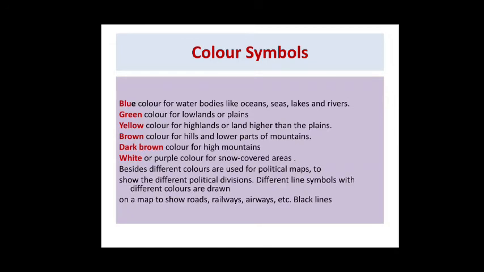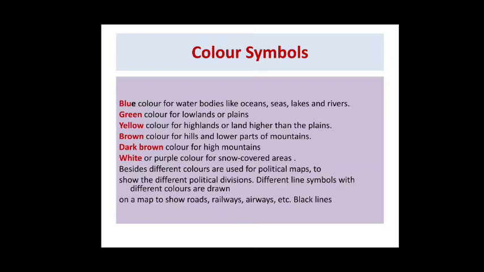Brown color is for hills and lower parts of mountain ranges. Dark brown color is for high mountains. Suppose the Himalaya, K2, and many mountain ranges are shown in dark brown. White or purple color is for snow covered areas, only cold areas, which white color represents. Besides, different colors are used for political maps to show the different political divisions.